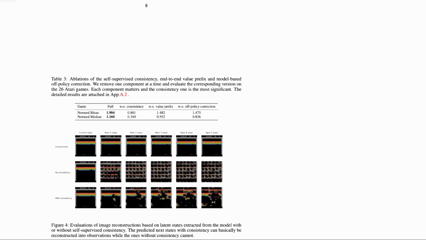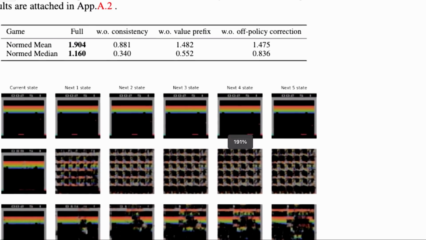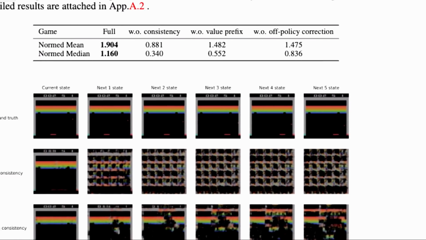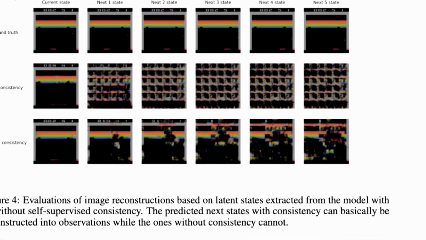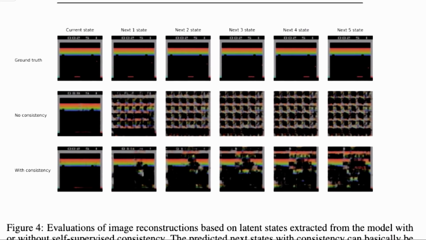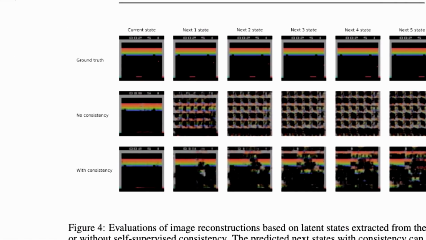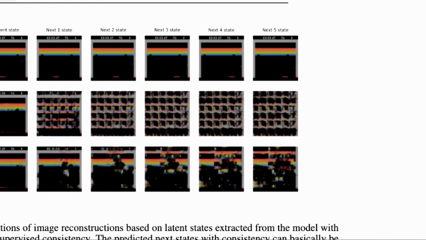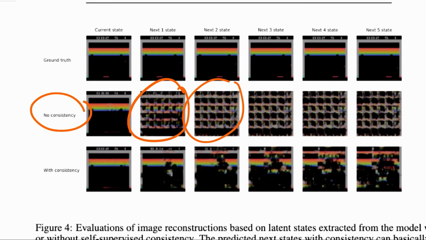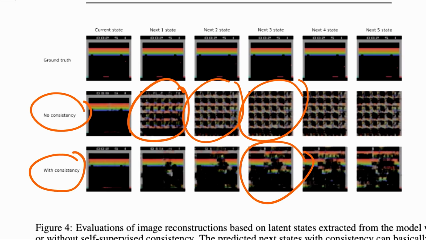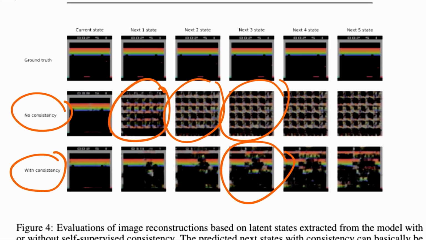They do some additional things right here, additional ablation studies. For example, they try to reconstruct the observation from the hidden state, and they see that, for example, if you don't have a consistency loss, this quickly fails. So this would be the original MuZero, whereas with the consistency loss, you can see that there is something right there that looks like the observation.